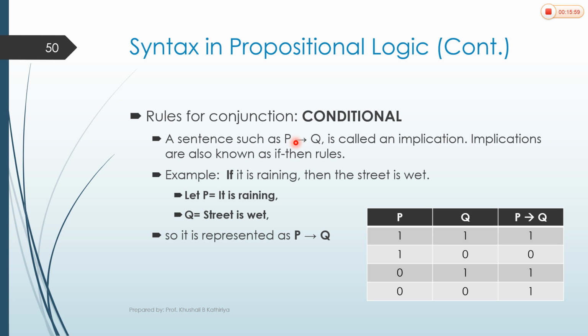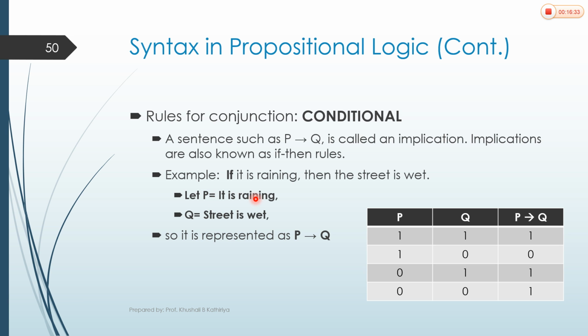This is the sign for the conditional operator, an arrow type, for P conditional Q: if P then Q. If P is true, then Q is the action. This is the condition, this is our action. Our example is: if it is raining, then the street is wet. First of all we divide it into two propositions.